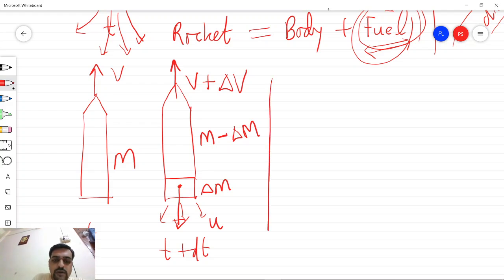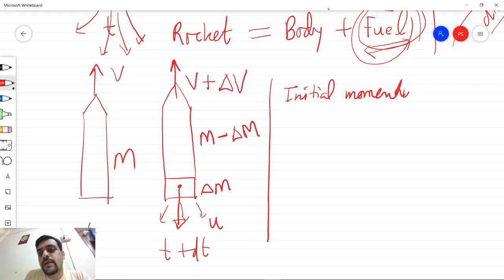Now we can see what is happening with the momentum of the rocket. So let us try to find out the initial momentum. Call it as pi. By definition of momentum, we know that momentum is mass into velocity. So at instant of time t, pi is going to be just m into v.